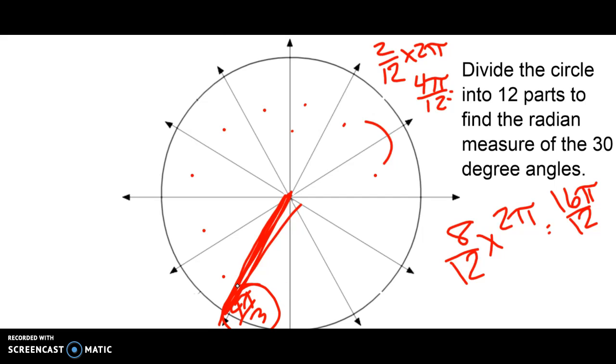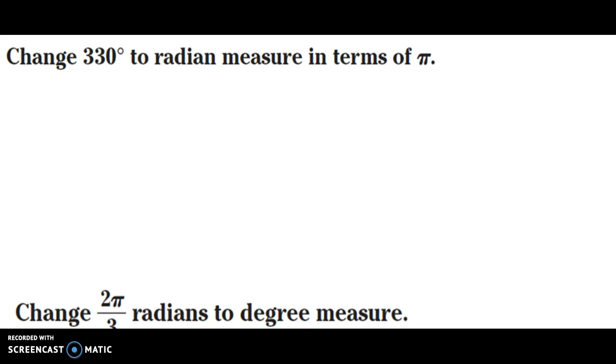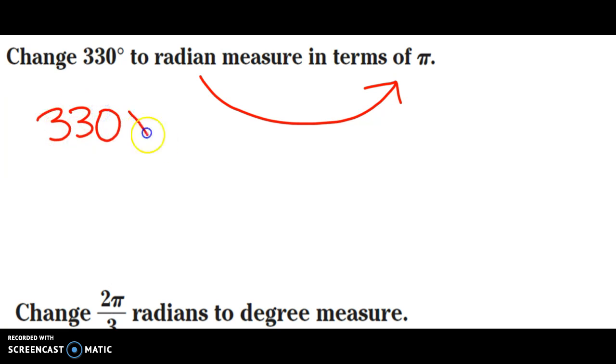All right, so how do we figure out what that is in degrees and radians? Well, let's go see how we can figure out how to do that. The way I think of this, a radian always has pi in it. So we're going to take 330 degrees and multiply it by a radian.